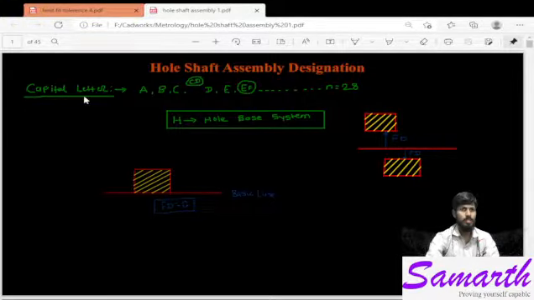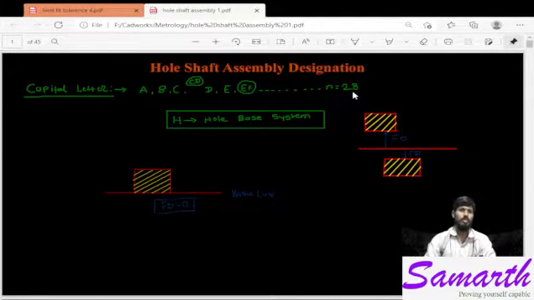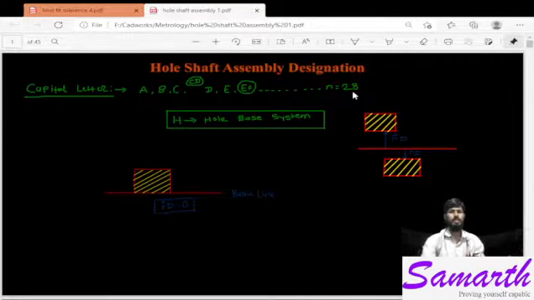Capital letters are used for the hole base system, A, B, C, D, all 26 letters, plus combinations like CD, EF. These 28 types are there for designation of the hole base system, provided all should be in capital letters.